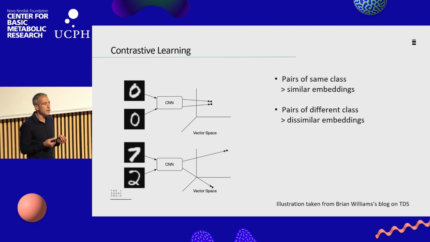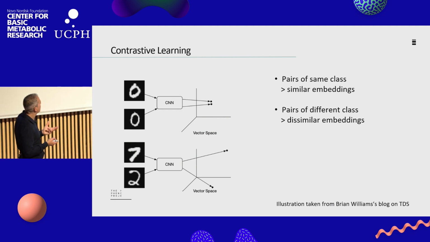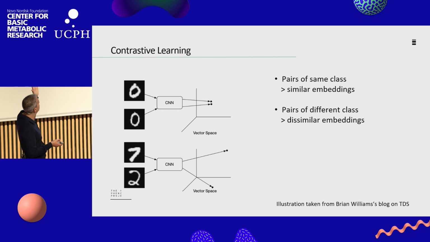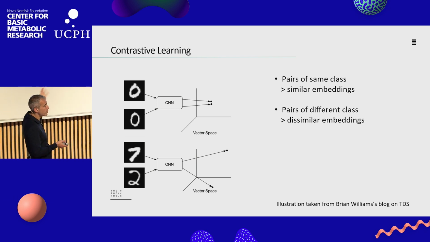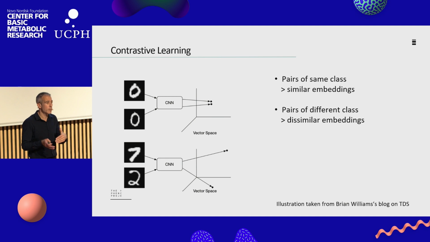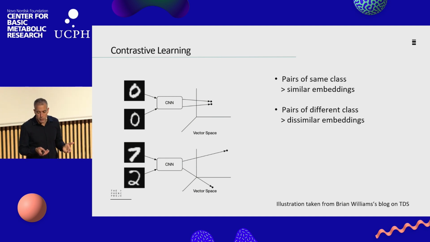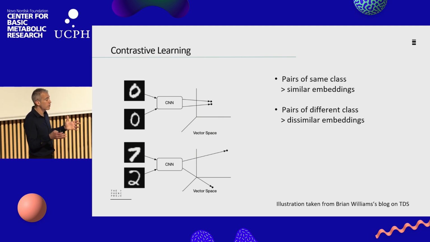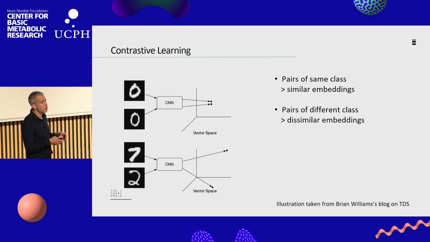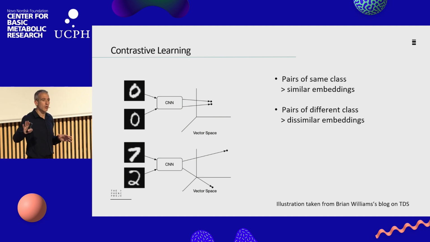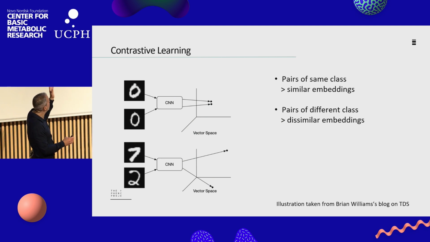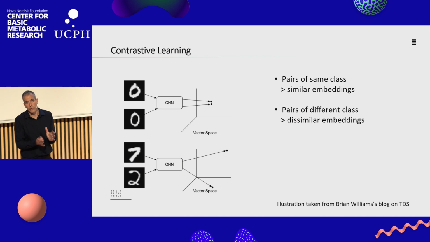And just to give you an idea of how this works, rather than, as in the past, taking labeled data, like for example, taking digit data and saying that the first two digits are 0, the next one is 7, the next one is 2, and having those labels and trying to predict those, the new type of approaches in AI try to do is a framework called contrastive learning, whereby you would take, for example, the two top images, and without saying that these are 0, you just say that these are similar to each other. These should be the same. And the two digits at the bottom, 7 and 2, are different, so they should be different.